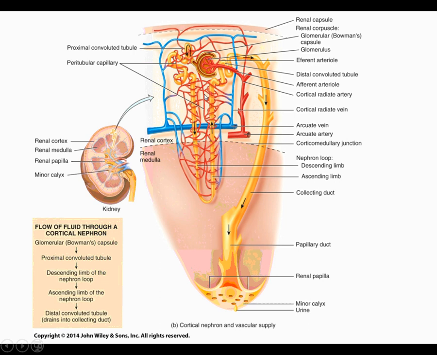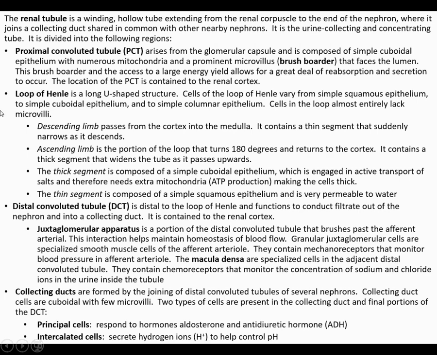Okay. If you look hard enough, you'll see that part of our loop of Henle is really thin. The tubule here that I have my little arrow on is very thin. The thin segments are very permeable to water, which means water will pass through them really easily.